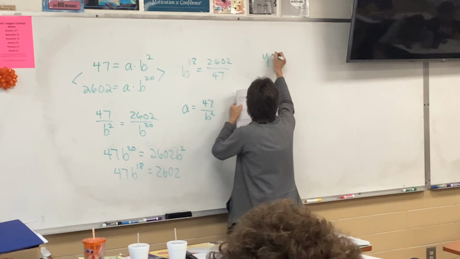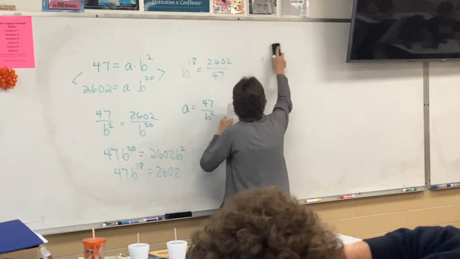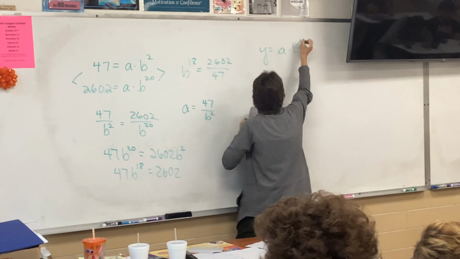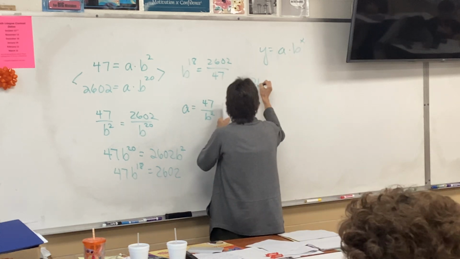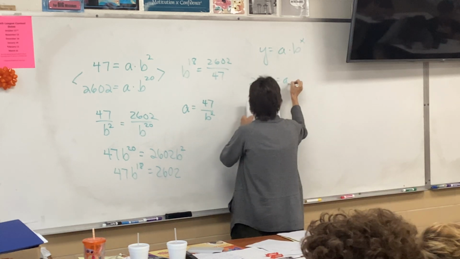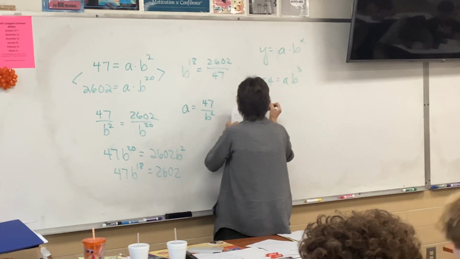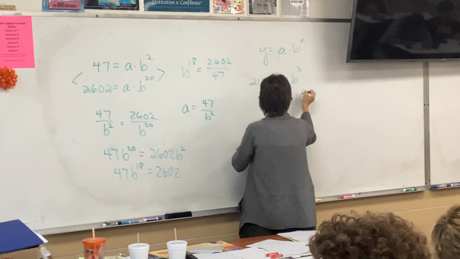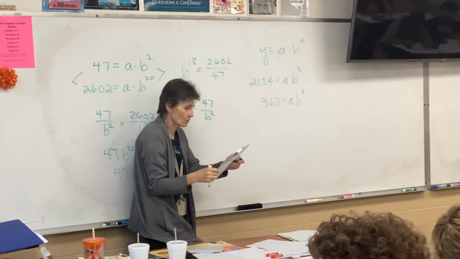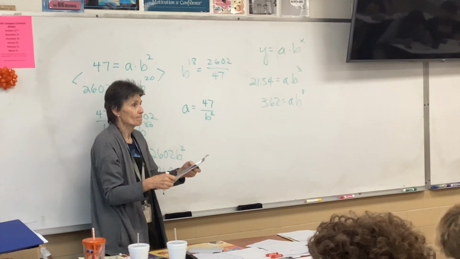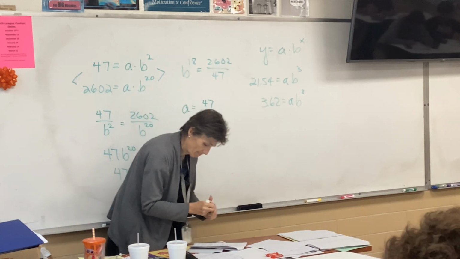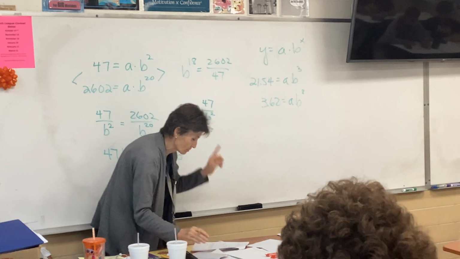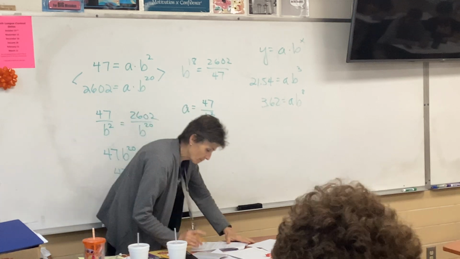So 21.54 equals a b cubed, and 3.62 equals a b to the 8th. Does that make sense to everybody for your two equations? All right, solve it however works for you. Not with regression though, solve it this way, right here.